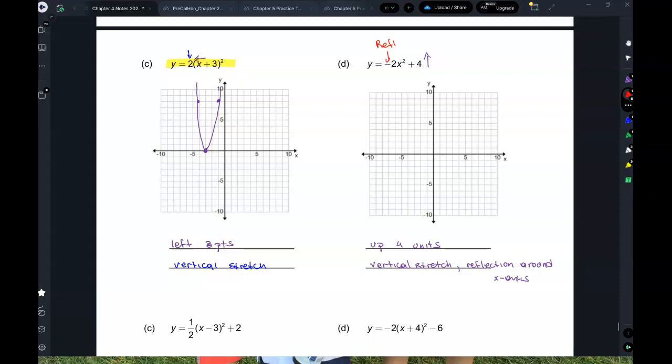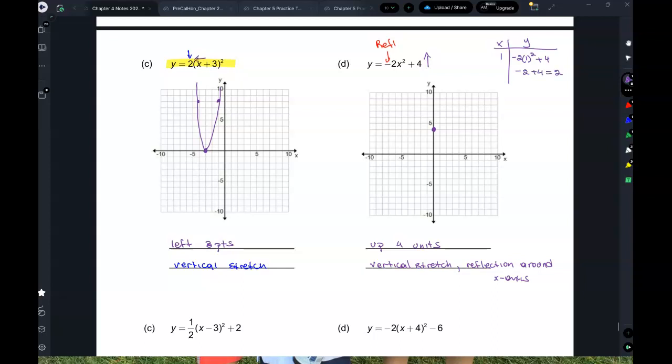Okay, so the vertex then, it's moved up to 4. It's going to be over here. Okay, and you know what? This time I'm going to plug in a number. So here I have x and y. I'm going to choose x equals 1. So that will be -2 times 1 squared plus 4. -2 plus 4 is 2.